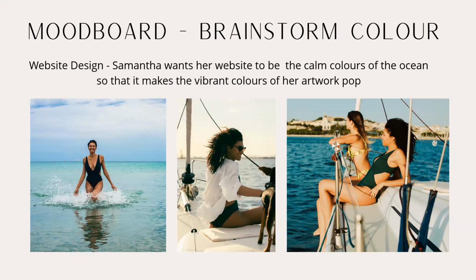So when we were brainstorming color, she wanted her website to be cool and relaxed, which made the bright, vibrant colors of her artwork pop. Now, she lives by the ocean, so we knew that we wanted to bring those colors into her website design. So I just went and found some random ocean pictures of random people and put them together, and then had a look at the colors.